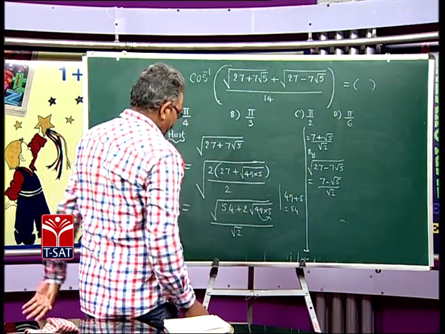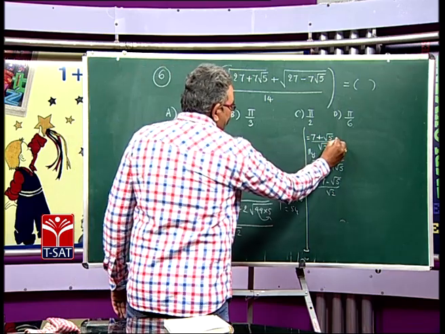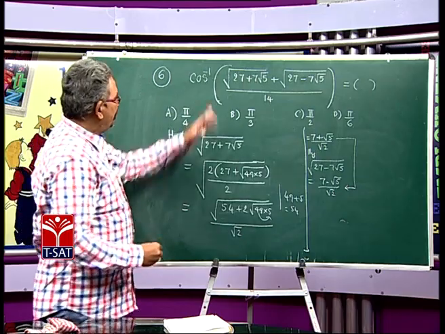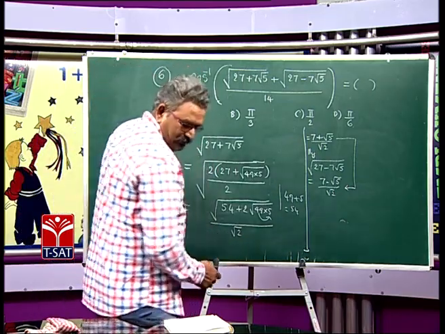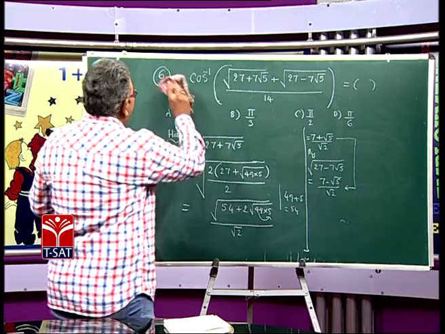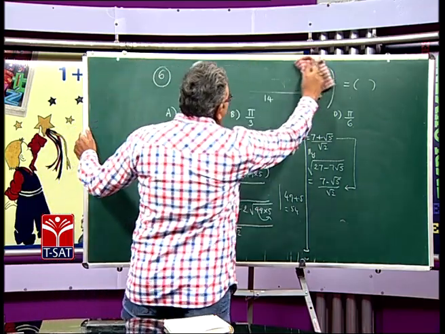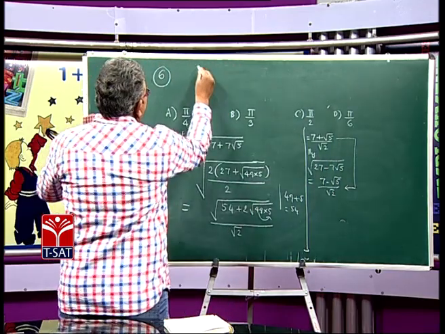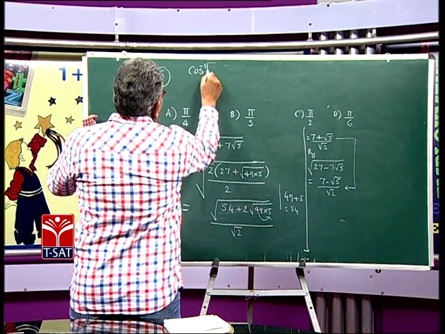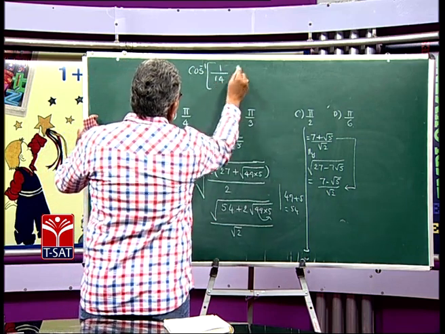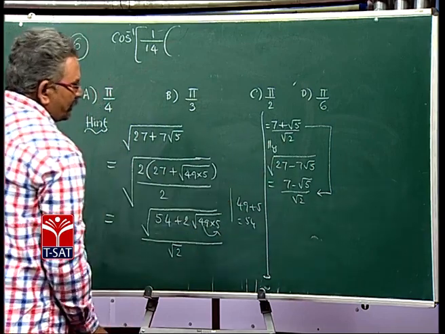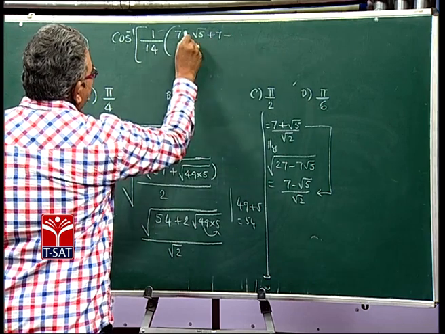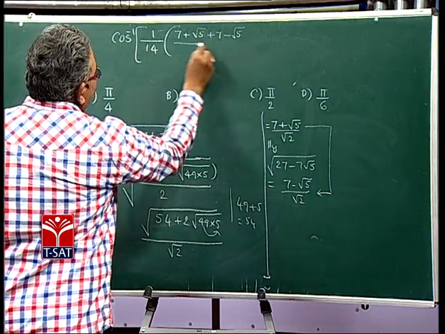Adding these two. So adding this one and this one, see what do we get? Let us see. That is, now we can write here cos inverse of 1 by 14 into adding these two, 7 minus root 5 plus 7 plus root 5, by root 2.